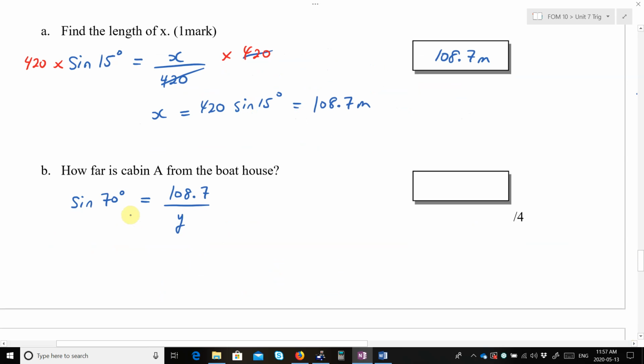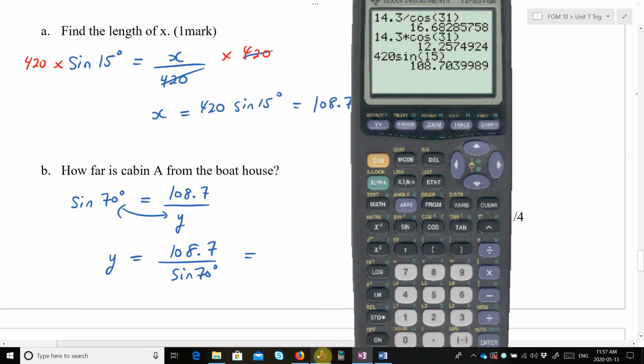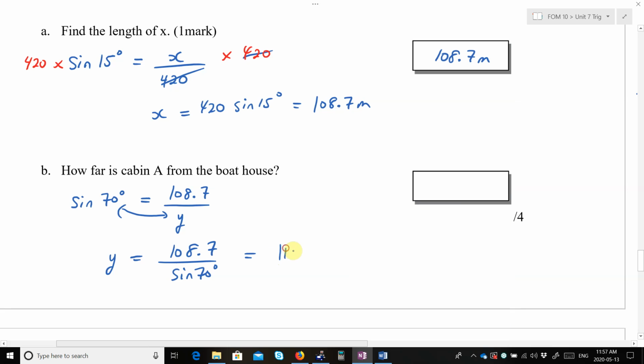Okay, so this is one of those cases where those switch and you will get y is equal to 108.7 divided by sine 70 degrees. 108.7 divided by sine 70, and we get 115.7. Okay, so how far is cabin A from the boathouse? 115.7 meters. And that is number 7.